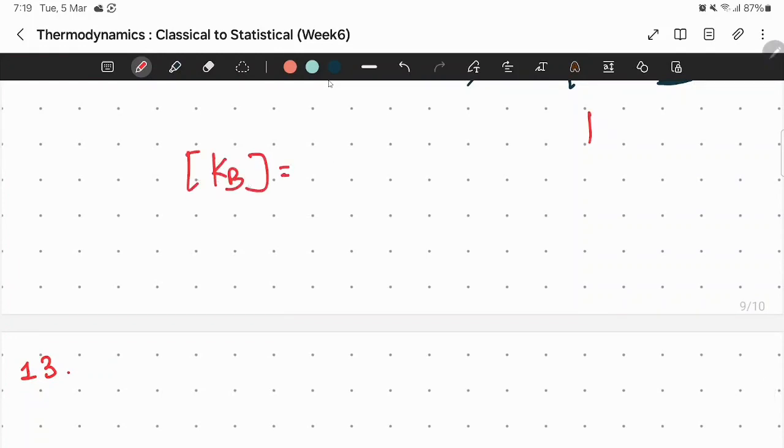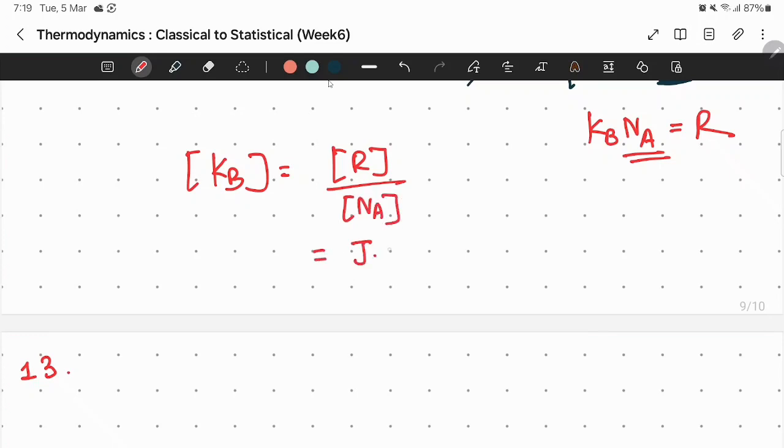Just we know KB NA equals R. NA is just Avogadro number, so there will be just a mole. So we can write it like R by NA. So unit of R is joule Kelvin inverse, and there will be mole divided by mole. So joule Kelvin inverse, just like this.